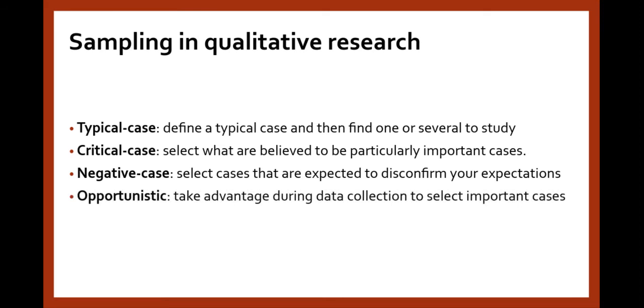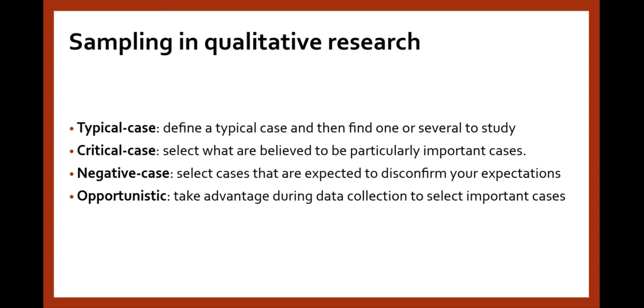There's also opportunistic sampling, in which you're collecting data and choosing important cases based on what is available and what is proximate to you. So that oftentimes in academia means research with undergrads.